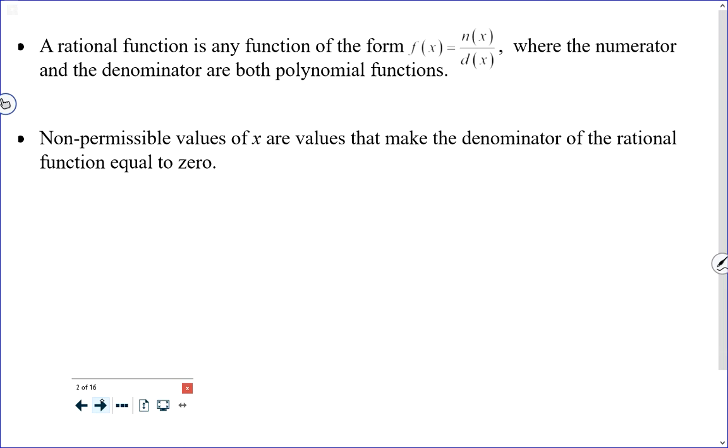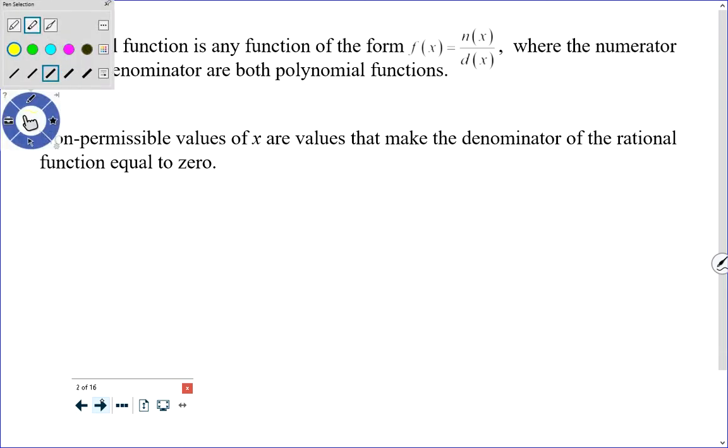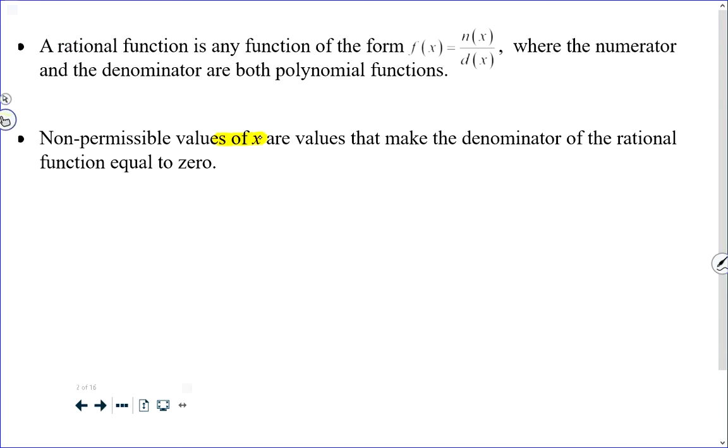A very, very simple rational function might have a denominator of x minus 3. Well, if x minus 3 is the denominator, then when x is 3, the denominator would be equal to 0, and that's not allowed. You're never allowed to divide by 0. So because the denominator is a function of x, that introduces the idea of having what we call non-permissible values of x that you're not allowed to use.